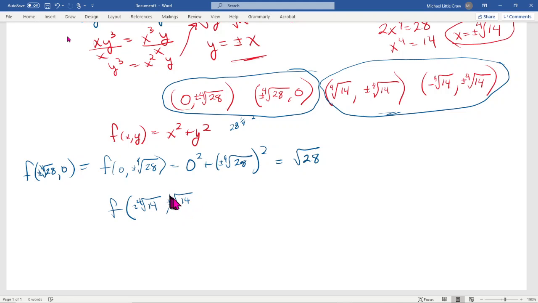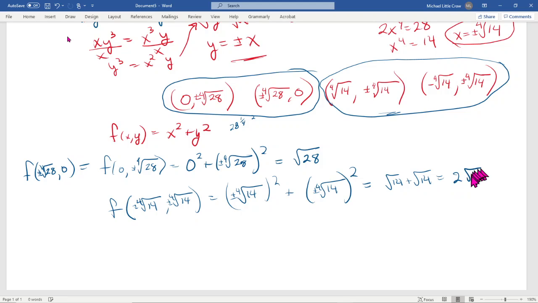So we get plus or minus the fourth root of 14 for the x, and plus or minus the fourth root of 14 for the y. Square them, they're both going to be positive. They both become the square root of 14, so you get the square root of 14 plus the square root of 14, which is 2 square root of 14.